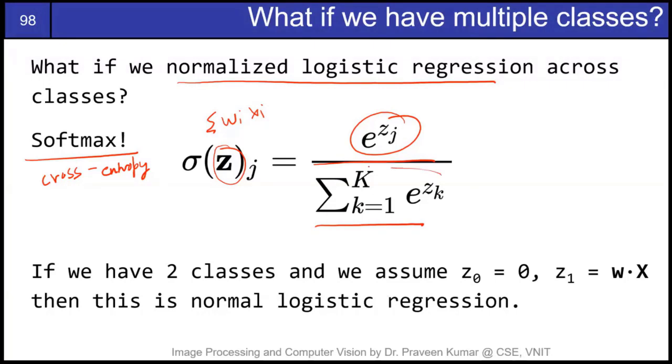So this is a normalization factor which takes care of that. It generalizes to the normal logistic function if there are only two classes. That means Z0 is 0 and Z1 is Wx. If you simplify it, it simply becomes 1 upon 1 plus e to the power minus Z.